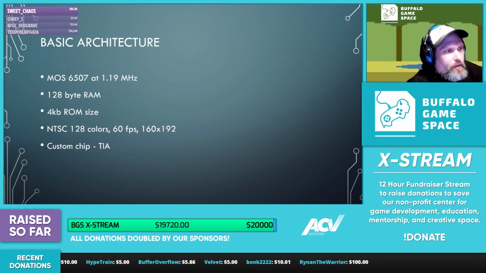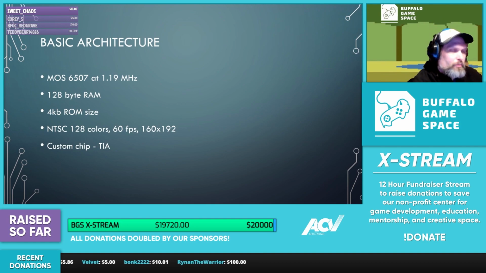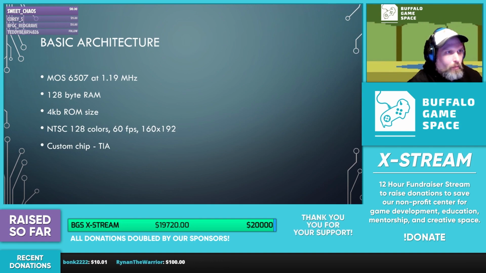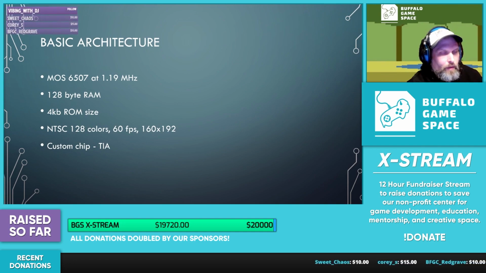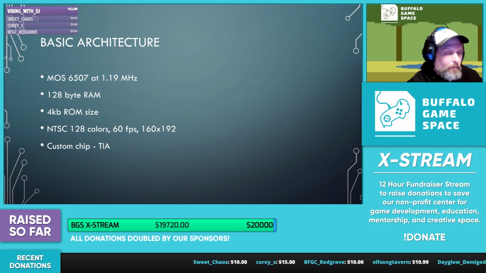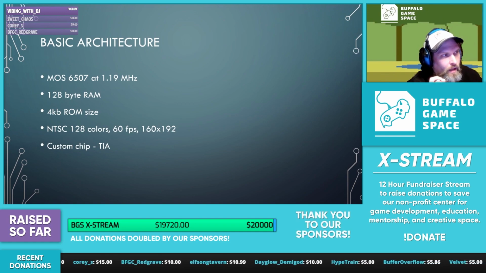The Atari 2600 is probably one of the most difficult consoles to program ever created, and part of what we're going to do in this little workshop is show why. It had a MOS 6507 chip, which was basically a cheaper variant of the 6502, which you'll know from such computers as the Apple II, or consoles such as the Nintendo Entertainment System, which is a fairly popular one.